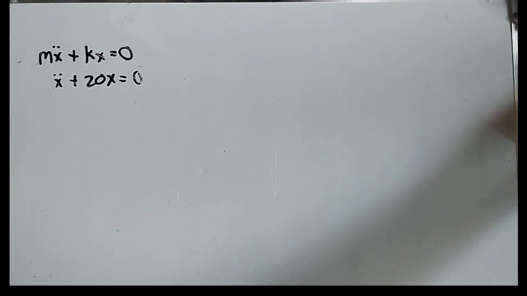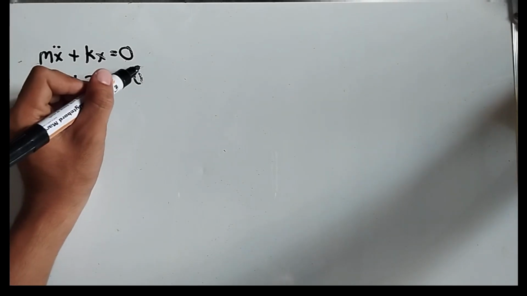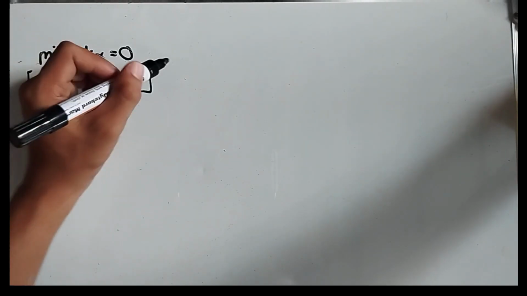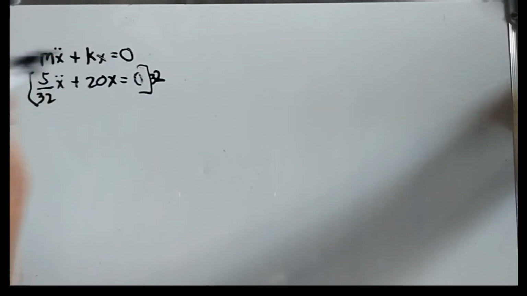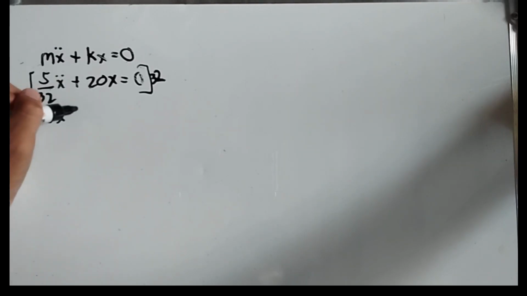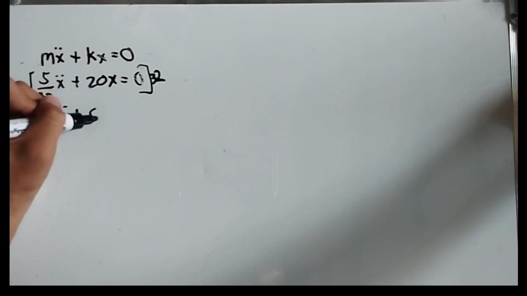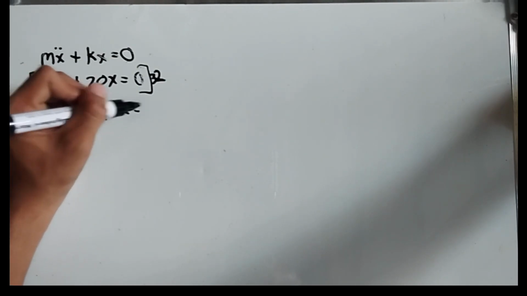So for our m, we have 5 over the acceleration due to gravity that was acting on the weight. The value for acceleration due to gravity is 32. So we're going to eliminate the denominator, which is 32, by multiplying both sides by 32. We are left with 5x double dot plus 20 times 32, which is 640, x is equal to 0.